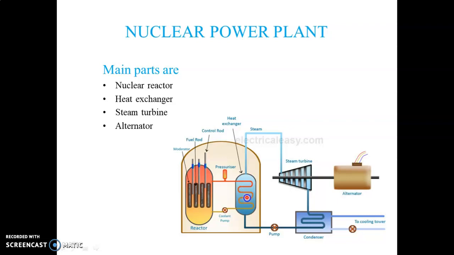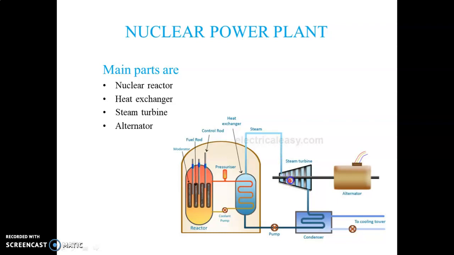In the heat exchanger, we supply water through the feed water pump. The heat in the heat exchanger boils the water and produces steam energy. The output of the heat exchanger is steam energy, which is applied to the turbine.